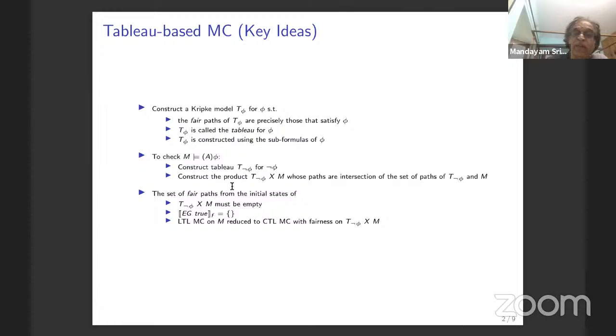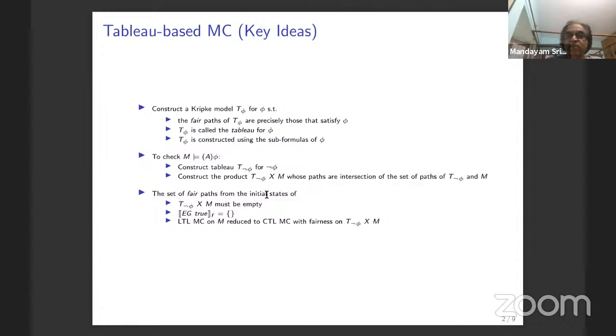And then you construct the product of your model M that you're checking the property in, and the tableau T naught phi. When you do that, this product is defined such that the paths it generates are the intersection of the set of paths of T naught phi and M.